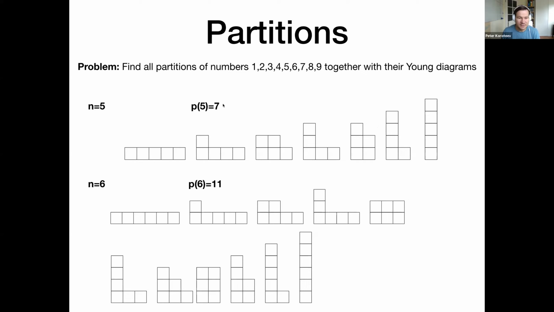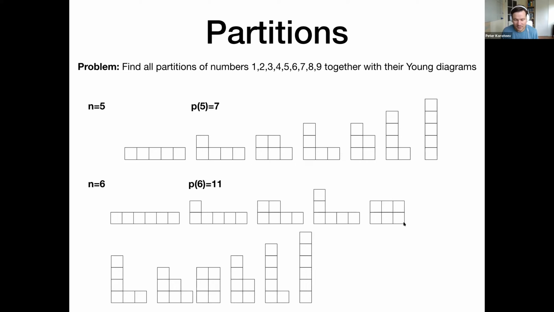So with 5 there are 7 options, with 6 there are 11 options, right? So P of 5 is 7, P of 6 is equal to 11. And you see that there's this nice symmetric partition with 1, 2, 3, which looks like a staircase. There's this 3, 2, 2, 3, and so on. So we'll try to study as many properties of these partitions as possible.